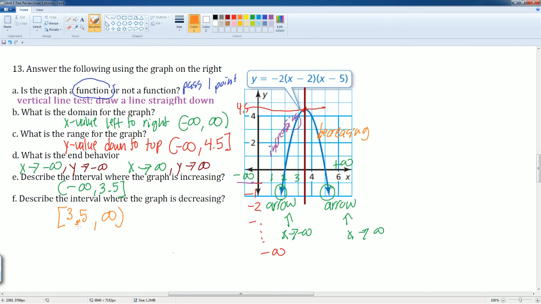So notice it goes from the increasing interval to the decreasing interval right here. This should always match up. There should be no gap for a parabola because it is continuous. All right, so negative infinity goes to 3.5, it stops at 3.5, then goes to positive infinity and it starts decreasing. So there you go. That is number 13.